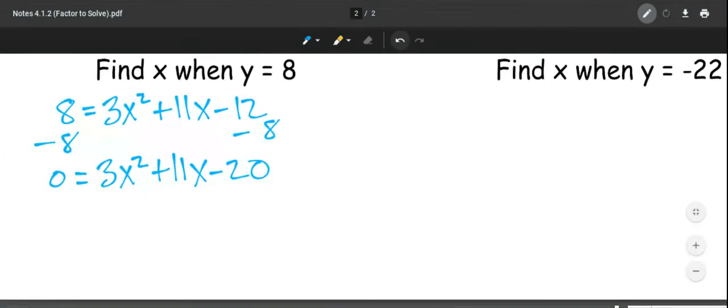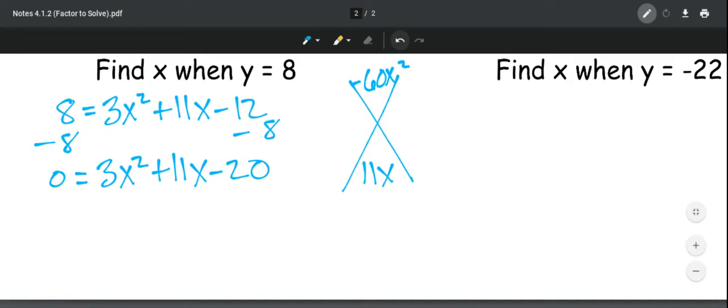All right, so now I get negative 60x squared and then 11x. So now I got to do some thinking. 60 divided by 5 is 12. 6 and 10. 4 and 15.